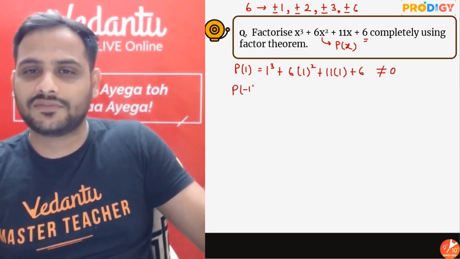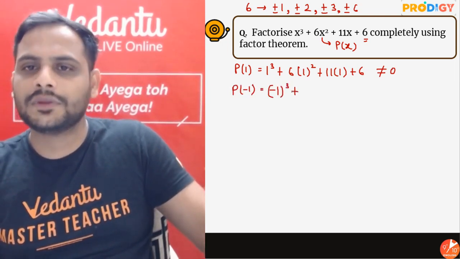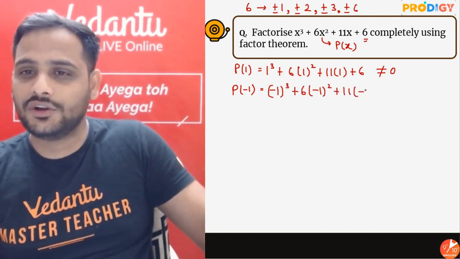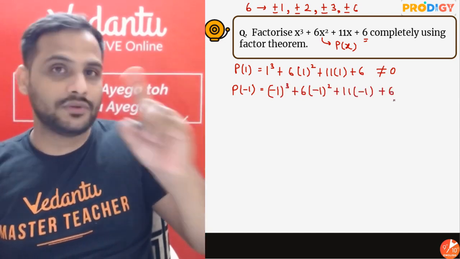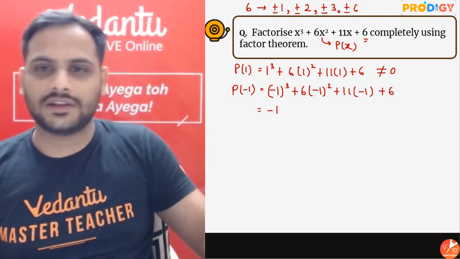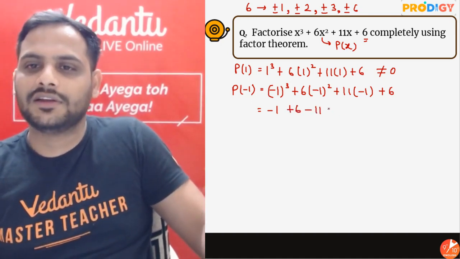Check P of minus 1. So it will be minus 1 cube plus 6 into minus 1 square plus 11 into minus 1 plus 6. Now look, there are chances. Minus 1 cube is minus 1, minus 1 square is 1, into 6 is plus 6, 11 into minus 1 is minus 11, plus 6.